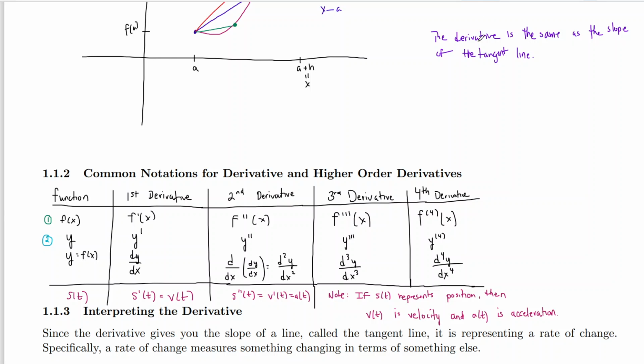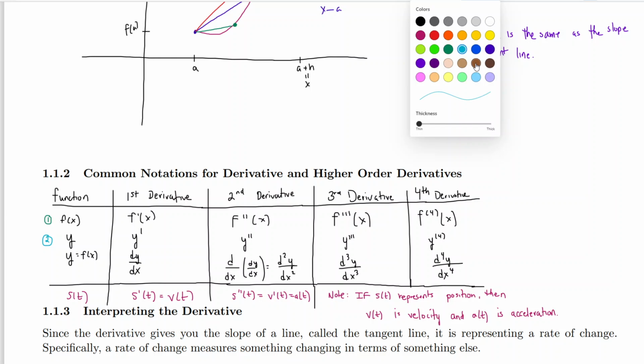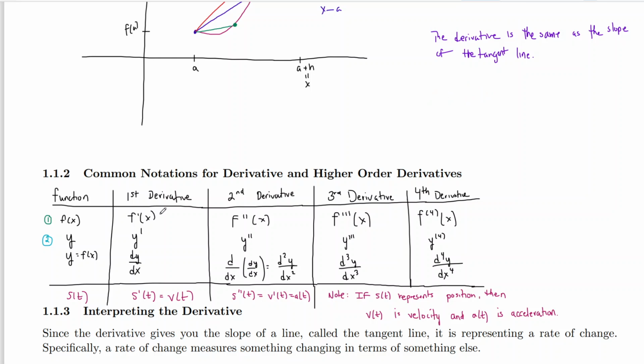Now, the third one is the most different. However, it is very often the most used one, especially after calculus 1. If you go to calculus 2, maybe not as much, but calculus 3 for sure, this is the most commonly used one, and it's because it really tells you a lot.